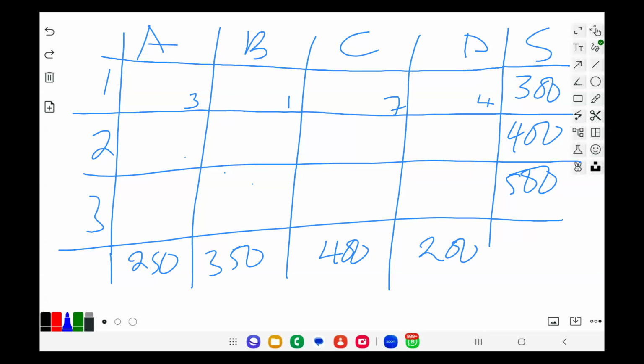And you have 2, you got 6, 5, 9, you got 8, 3, 3, and 2, 500. We know that when you add everything here, it will agree to 1,200. So it's a balanced problem.